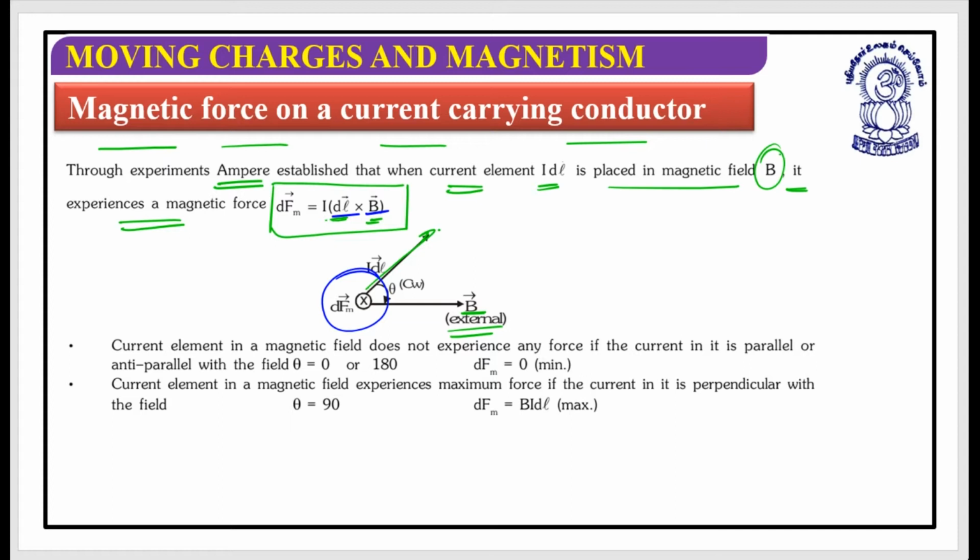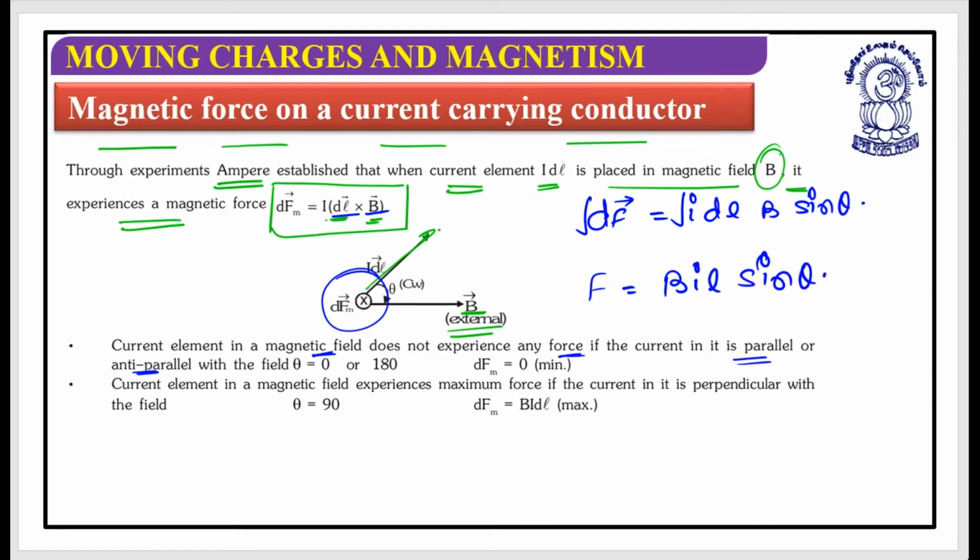So what I understand from this is that a current element in a magnetic field does not experience any force if the current is parallel or anti-parallel with the field, because dF equals I dl B sine theta. If we integrate this, it would be F equals B I l sine theta. I hope this is clear.